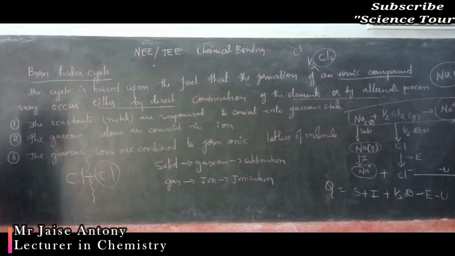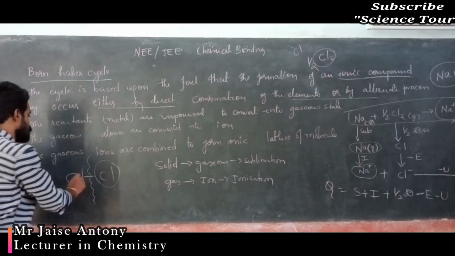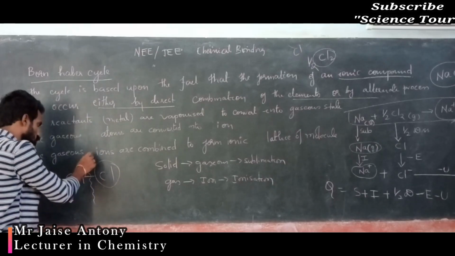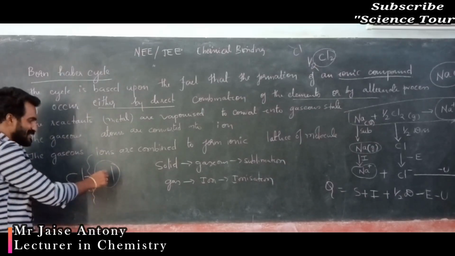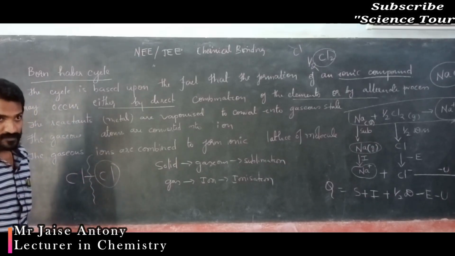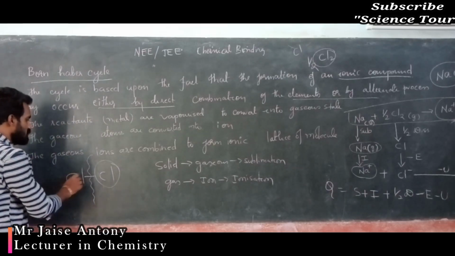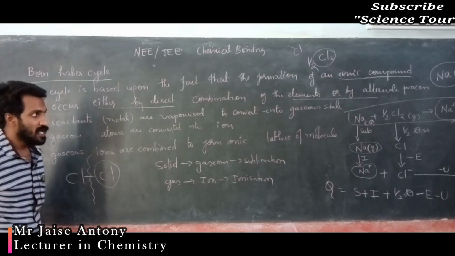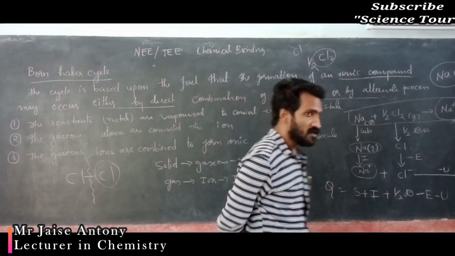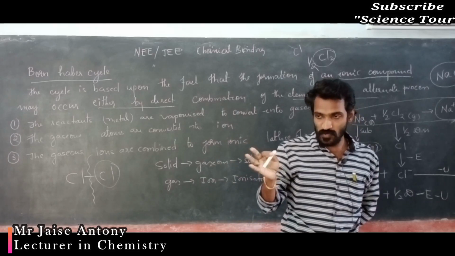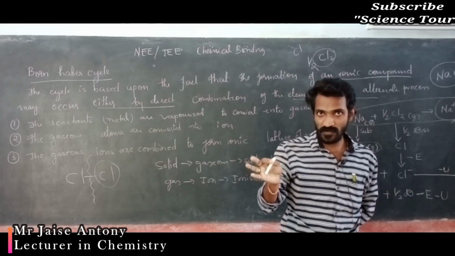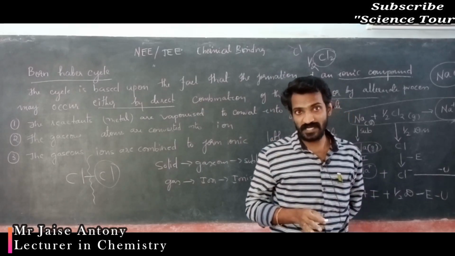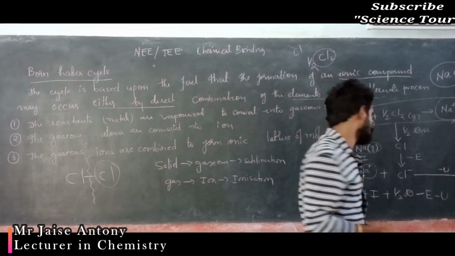You have to break the bond of this particular chlorine molecule. So by breaking this bond, you will get chlorine atoms. Otherwise it is a chlorine molecule. Once you break it, it becomes chlorine atoms. Breaking that is called dissociation, dividing. Understood?